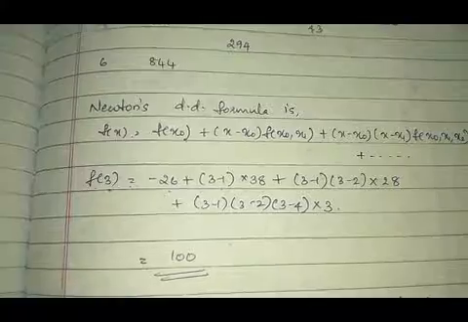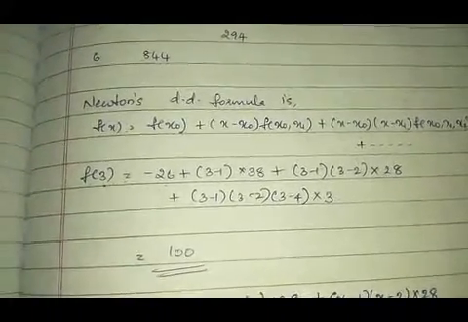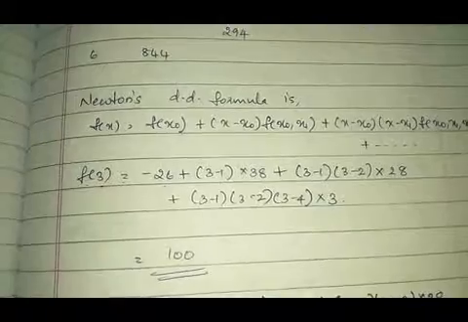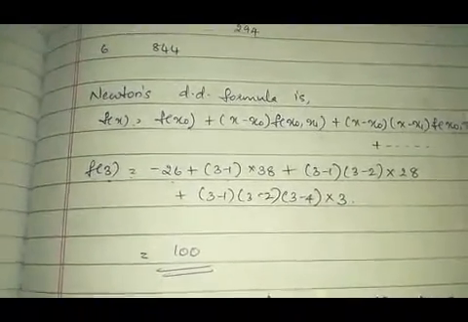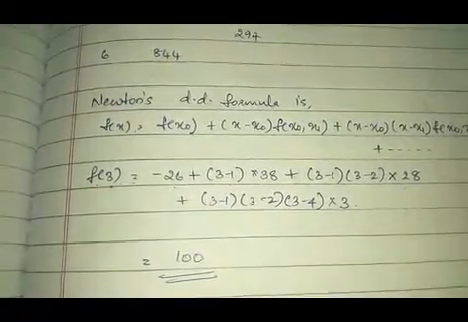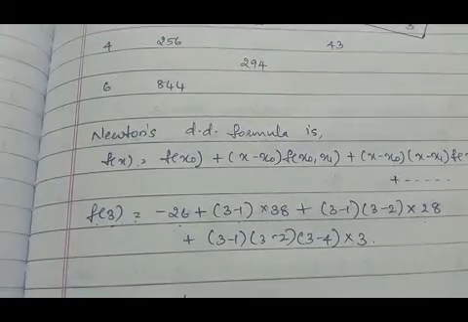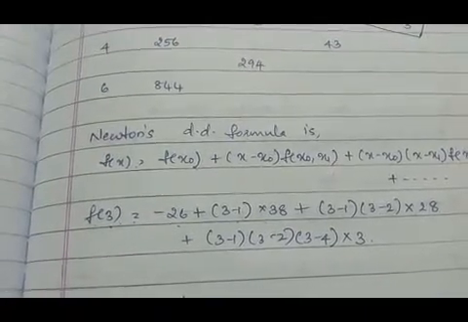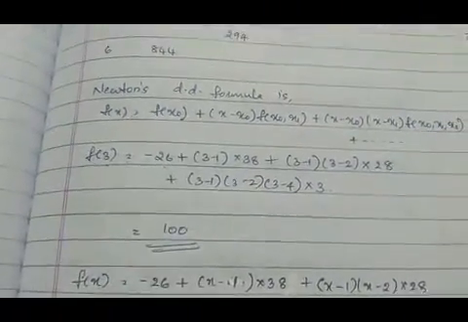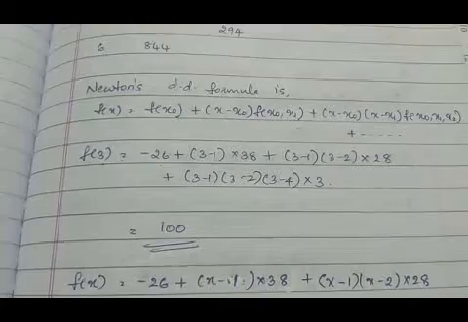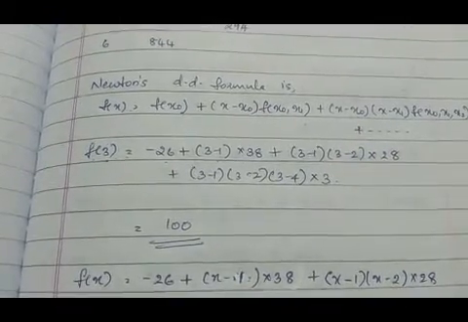Now suppose in this question, if we are asked to find the polynomial, instead of f of 3, if we are asked to find the polynomial f of x, then in this Newton's divided difference formula, instead of substituting 3 for x, just take x as such, that is f of x is equal to, for f of x0 you know the value minus 26, plus x minus x0, in that just substitute the value of x0.